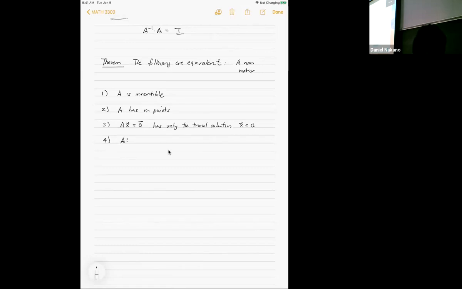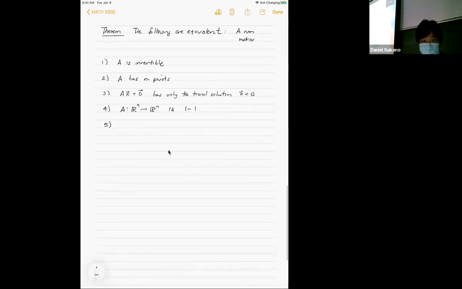So we saw that if you have something having just the trivial solution, then the map has to be 1-to-1. Now, if it's 1-to-1, the columns of A are linearly independent.